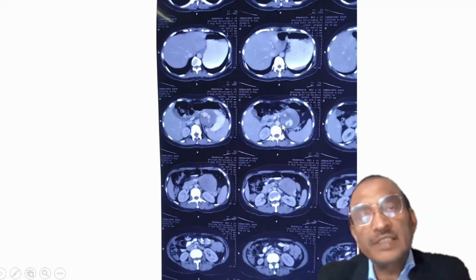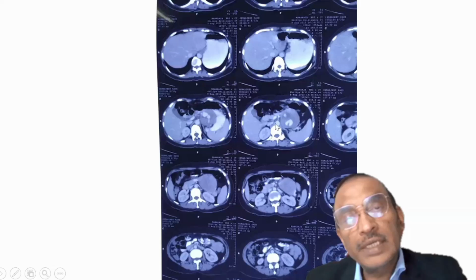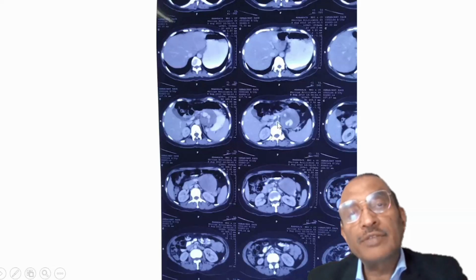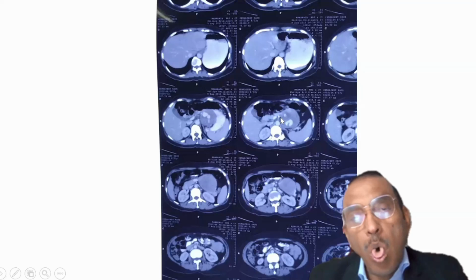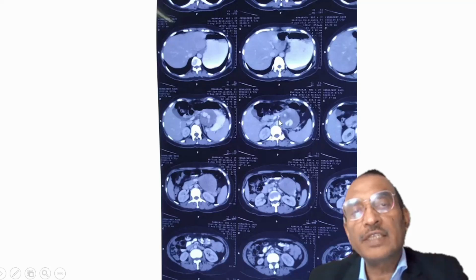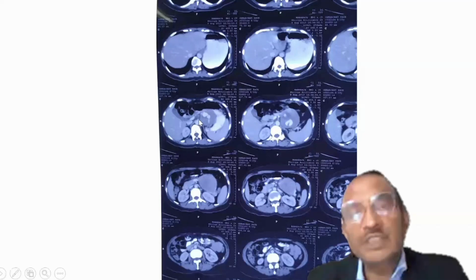And whenever you see dense structure, you always compare with the aorta or any of the arteries around. So what we have here is SMA. So how do you make a distinction between SMA and CA? You should know that SMA arises from aorta, and then it runs for some distance parallel to aorta.